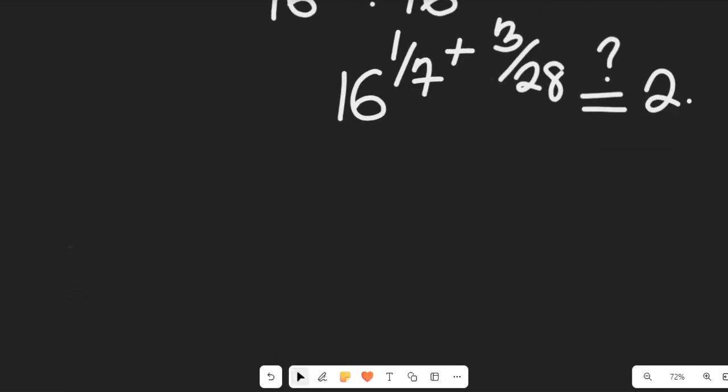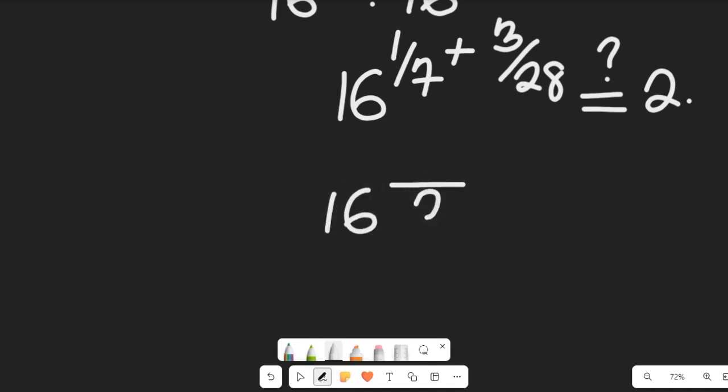Let's see. If we have that, we have a common base, and that is 16 to the power of, this is 28. 28 divided by 7 is simply going to give us 4, right? 4 times 1 is 4 plus 28 divided by 28 is 1. 1 times 3 is 3.